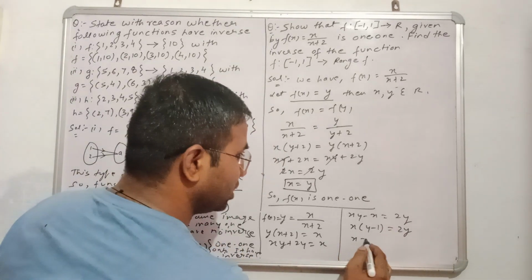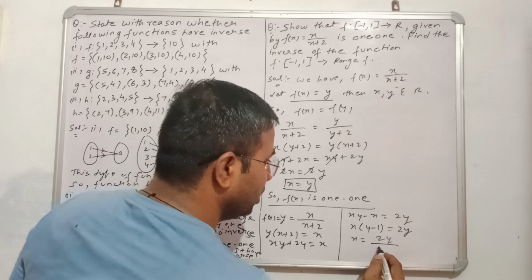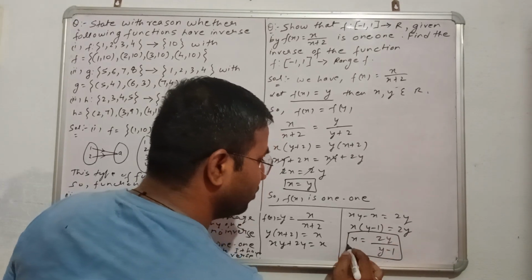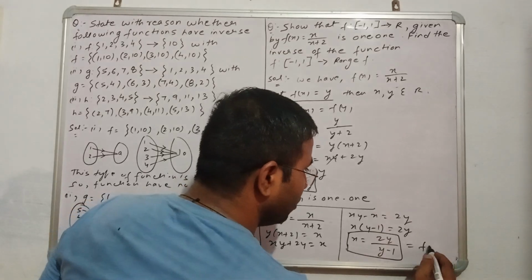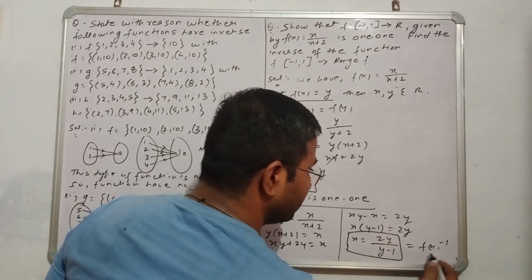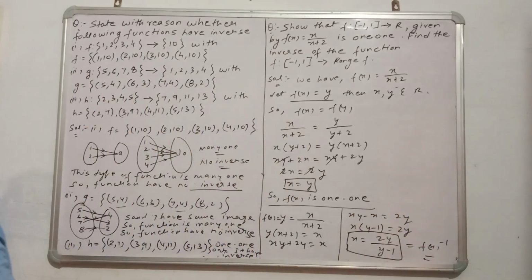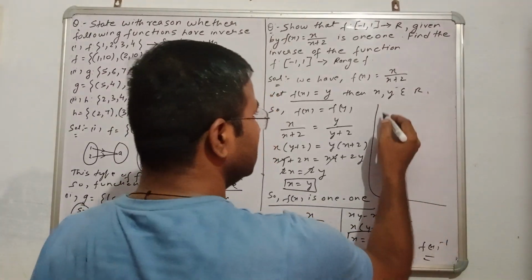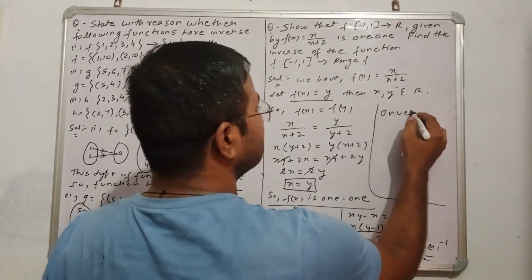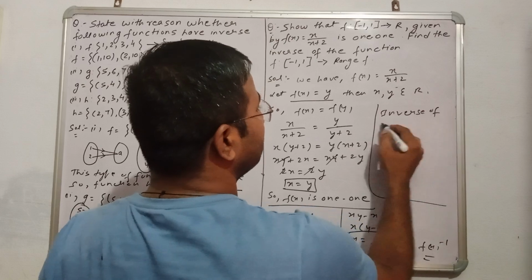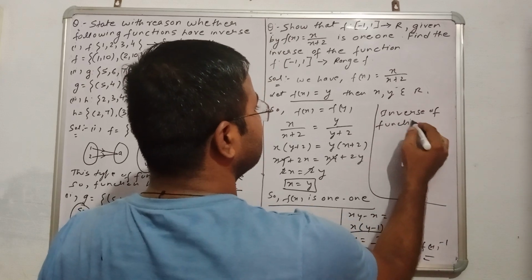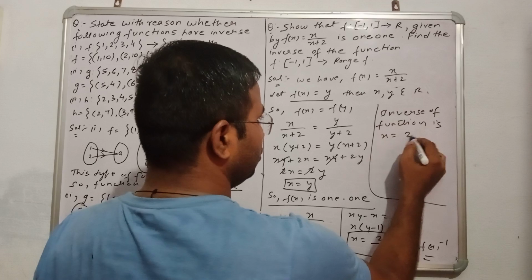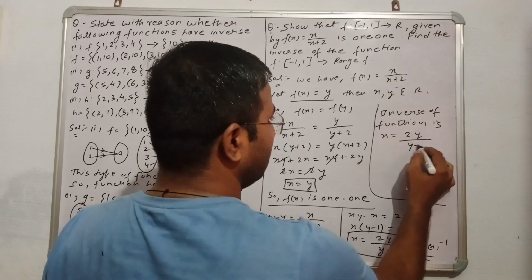Now x will be 2y upon y minus 1. So this is the inverse of f. So here write down the inverse of the function is x equals 2y upon y minus 1.